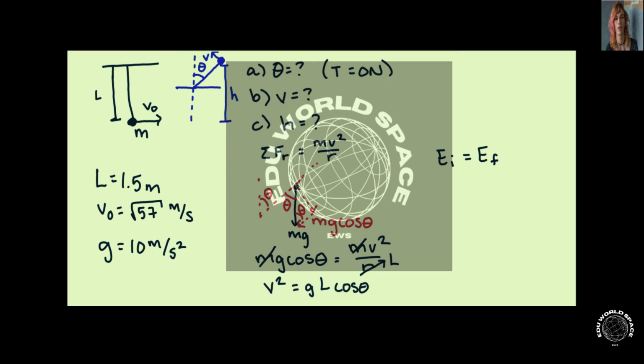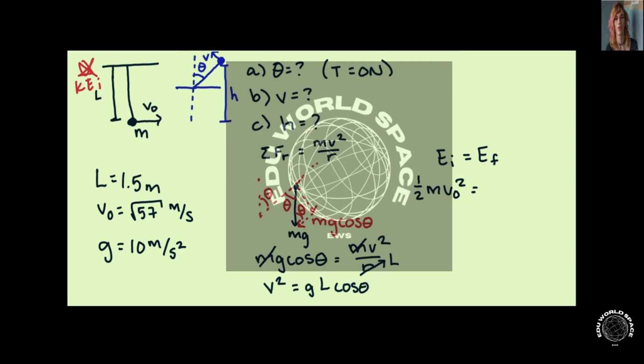In our initial picture here, there's only kinetic energy. And that kinetic energy is going to be equal to 1/2 mv naught squared.